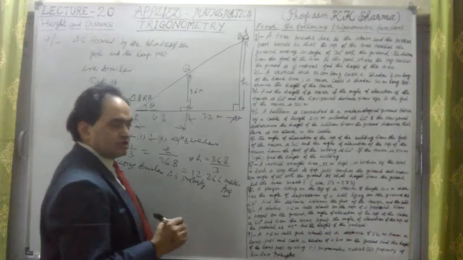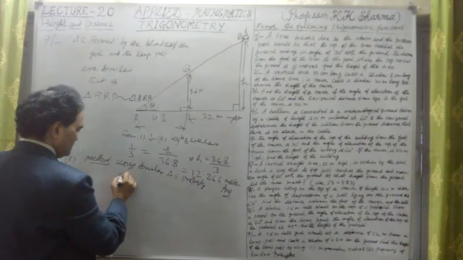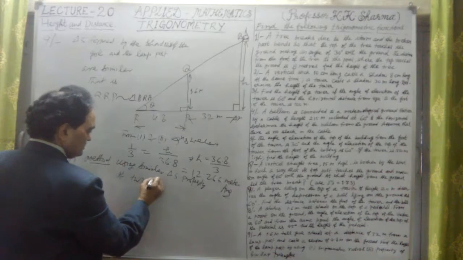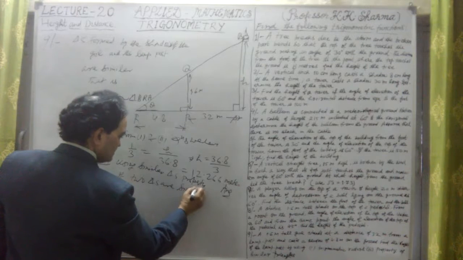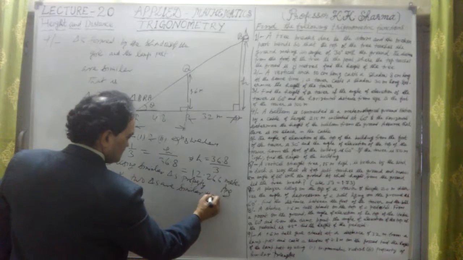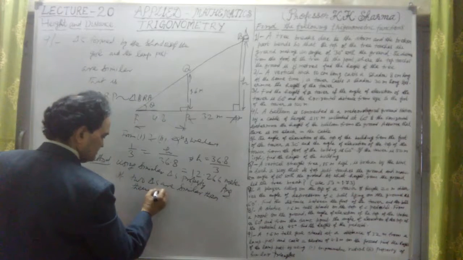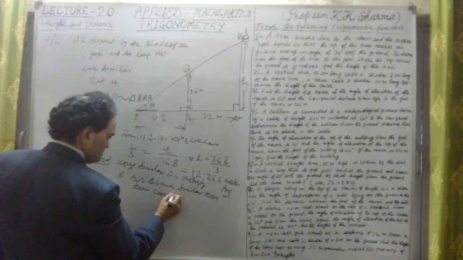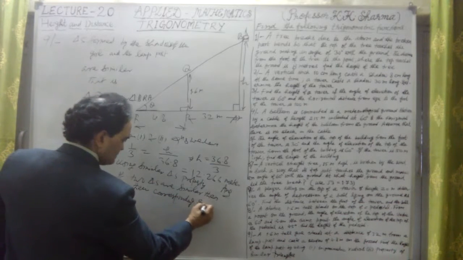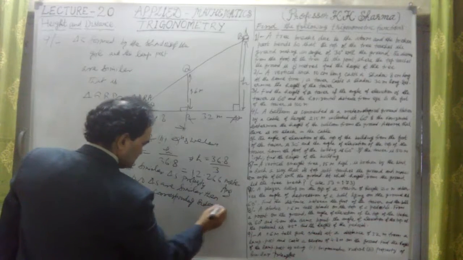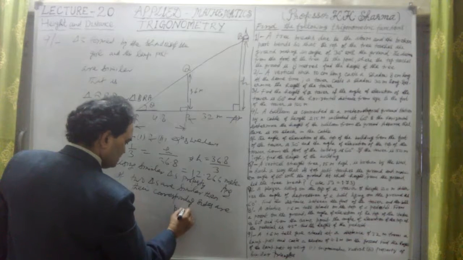If two triangles are similar, then their corresponding sides are proportional or in proportion.